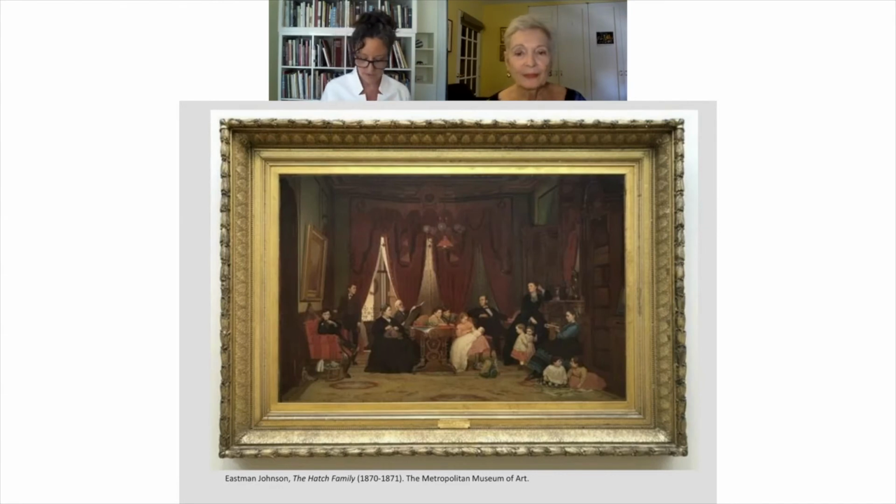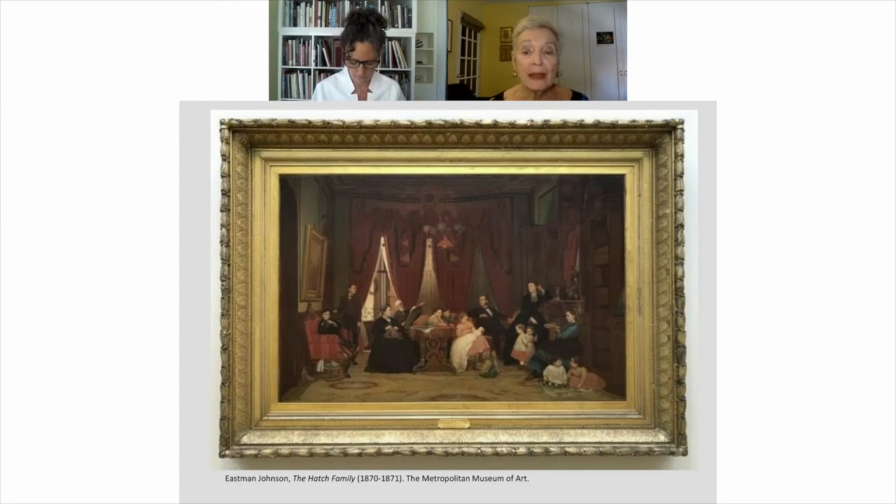Another work he brought to my attention was Eastman Johnson's portrait of the Hatch family. And this is quite a quintessential 19th century look with a heavily ornate interior. Yeah, it's very interesting. In the 1870s, when painting shifted away from landscape painting and more towards genre and interior scenes, you see a shift away from organic foliate ornamentation and a more stylized geometric kind of ornament.